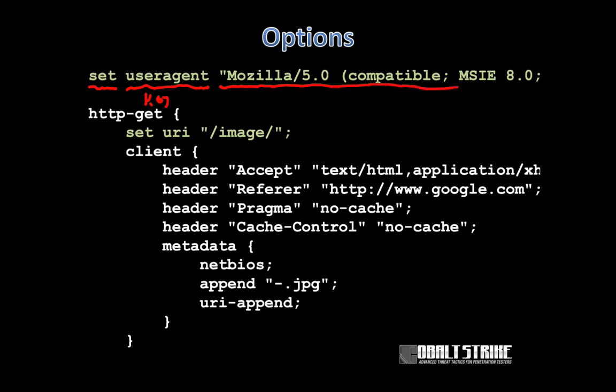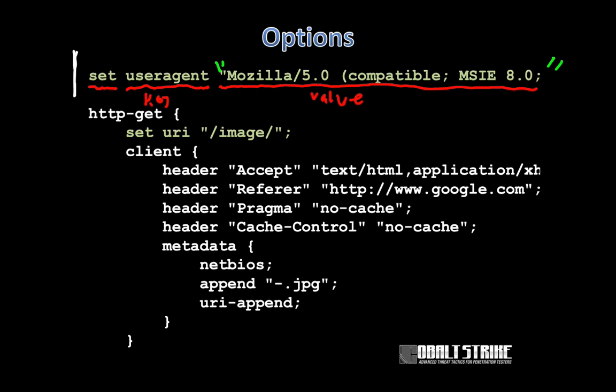Here, we're setting the user agent value, which is a global value, and the user agent global value affects the HTTP user agent and all of the HTTP requests that the Cobalt Strike beacon payload makes. One other thing about options is that the option value is always wrapped in double quotes. So it makes sense that the user agent option is global.